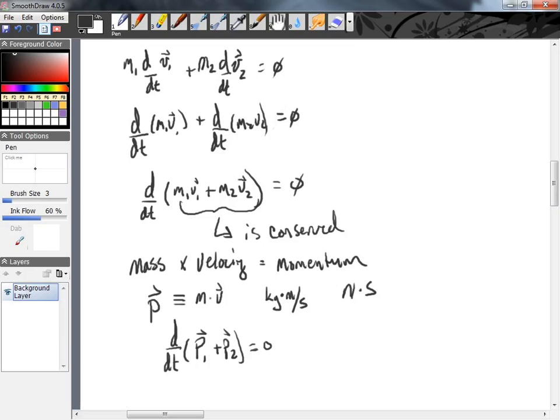Or, if we have an isolated system, or if there's no external force, then the total initial momentum of a system equals the total final momentum of a system. And this is a constant. The value of the momentum of a system is constant if there are no external forces acting upon it.